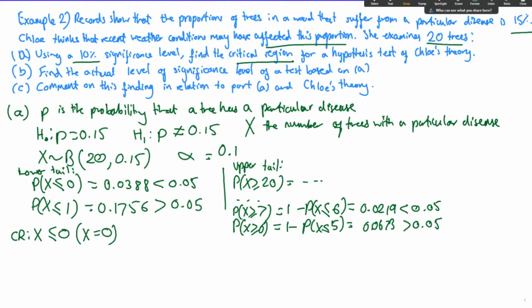So now we found our critical region there as well, because we reject H0 when x is greater than or equal to 7. So our critical region, in fact, I'll rewrite this, is when we have x equals 0 or x is greater than or equal to 7.